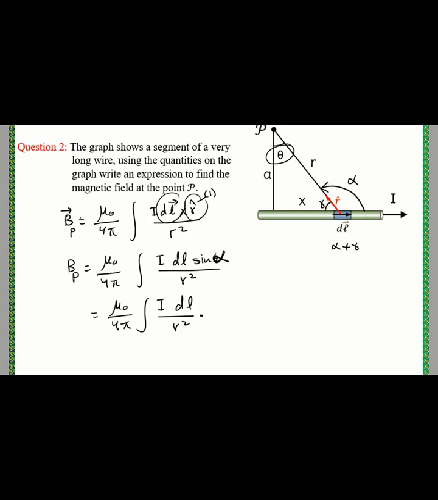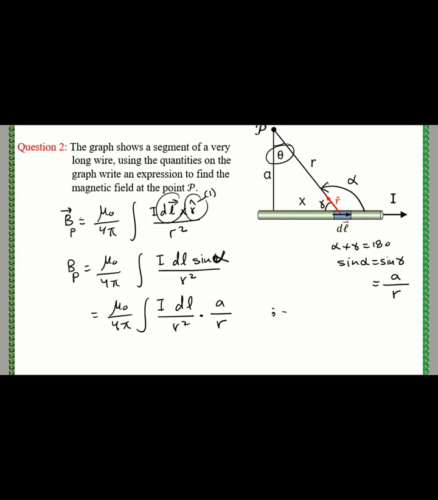Alpha plus gamma equals 180. So sine alpha equals sine gamma. What is sine gamma? It is opposite, which is A, over hypotenuse, which is R, in the triangle here. So put here A over R.